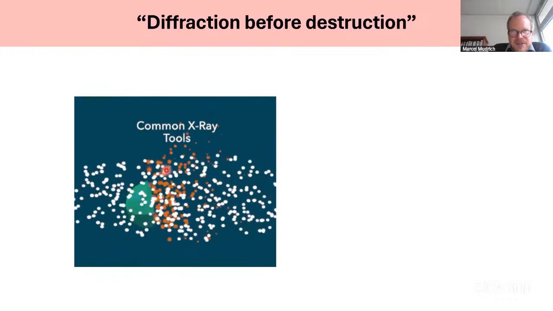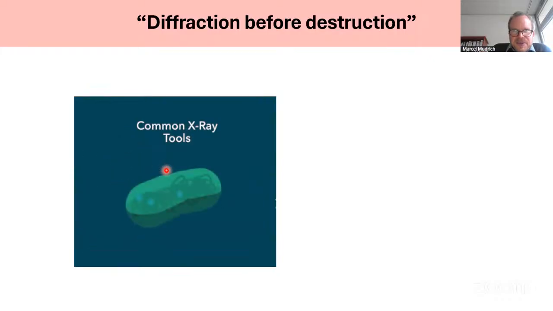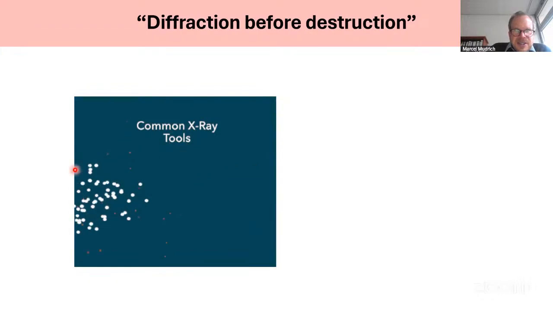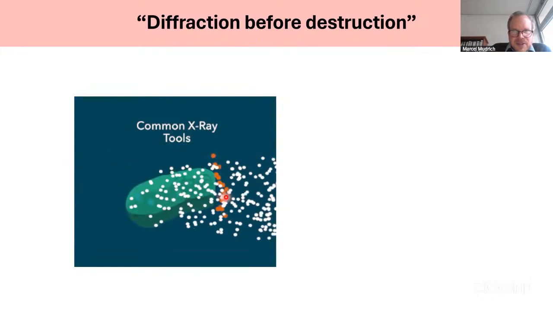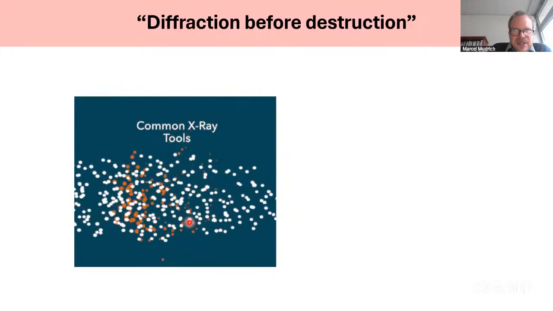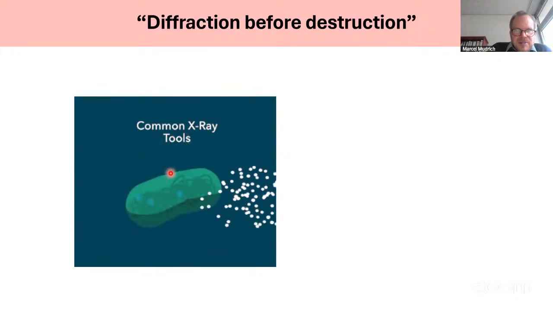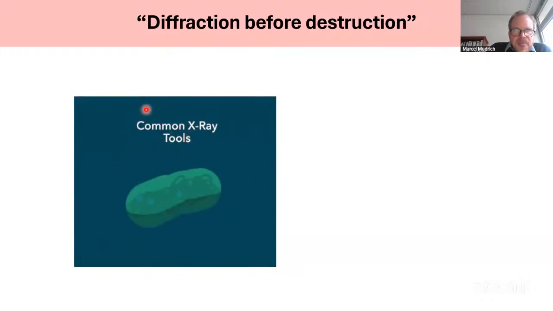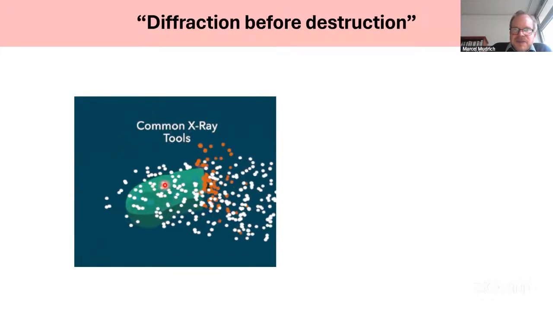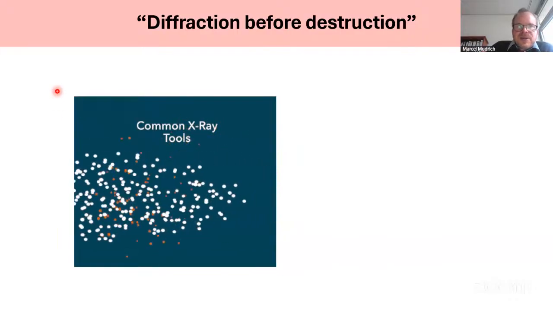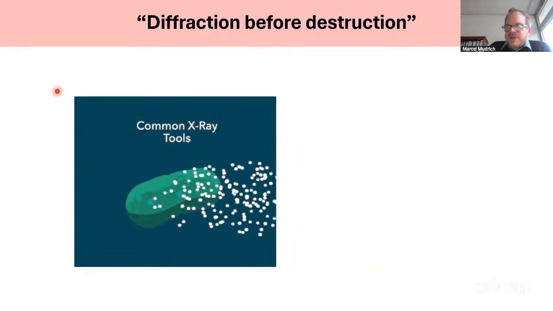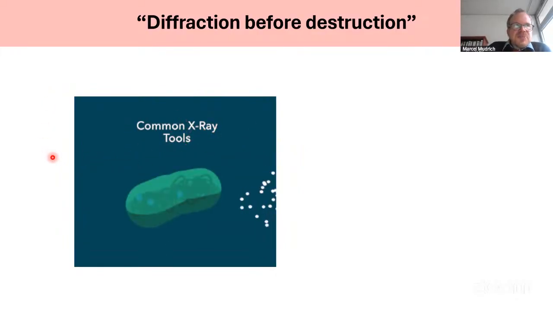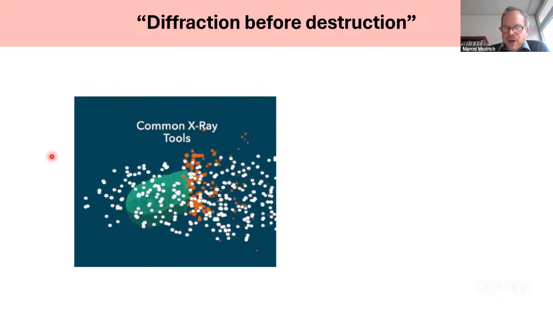And obviously this is not ideal if we want to record a bright and high-contrast scattering image from these photons that are supposed to scatter from the target. If the target already starts decomposing and the atoms become ions and start moving away during the pulse, then obviously the contrast and the structure of the scattered X-ray pattern will be smeared out and the contrast will be very low.